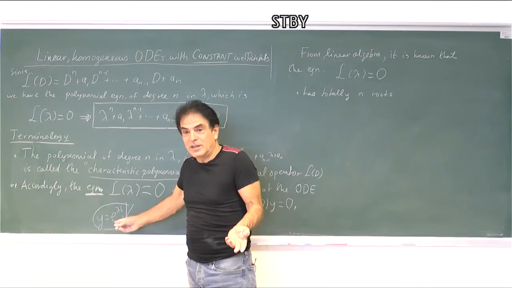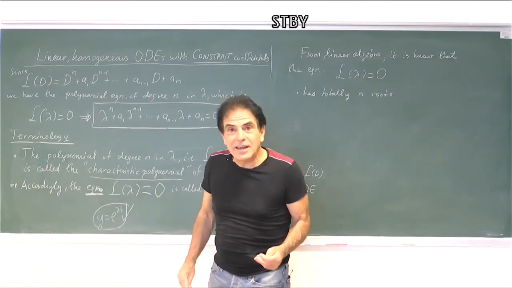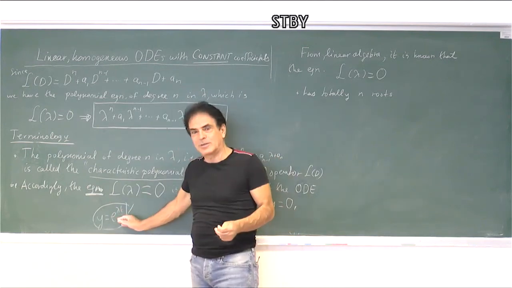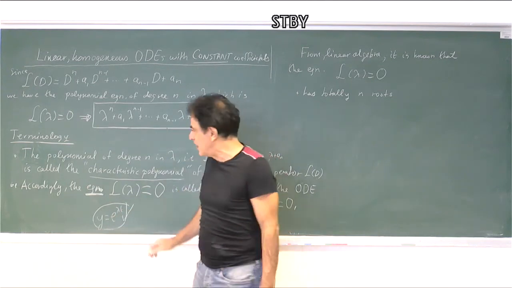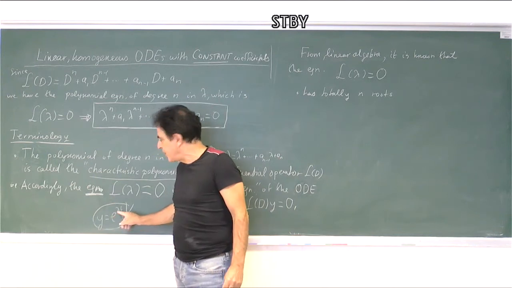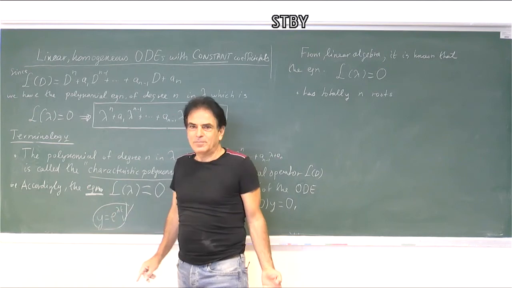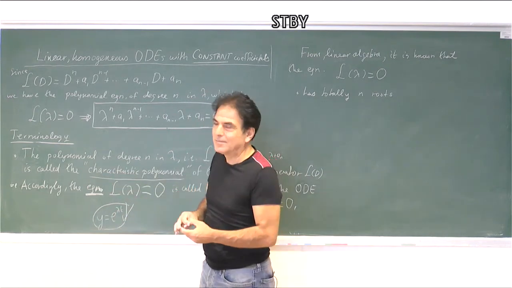And therefore, we find n linearly independent solutions of the differential equation, which are all of exponential type. And it is not difficult to see that exponential functions with different exponents are linearly independent.